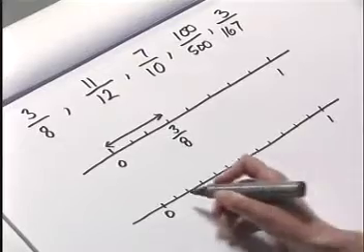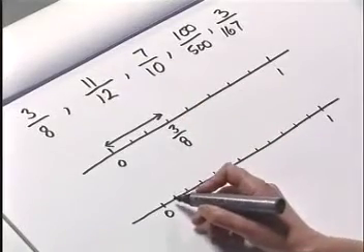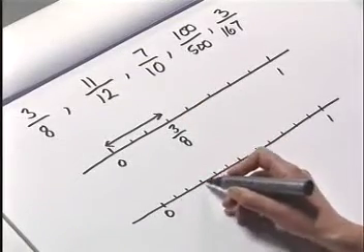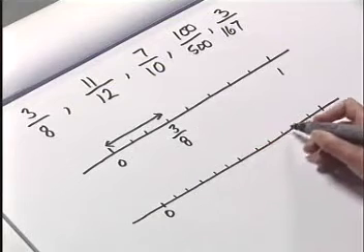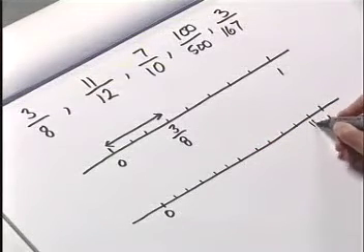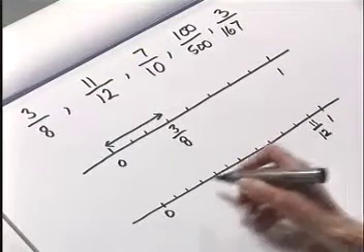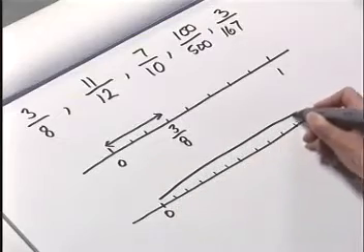Okay, so we want 11 of them, so we need to count 11. 1, 2, 3, 4, 5, 6, 7, 8, 9, 10, 11. So our 11/12 is represented there.